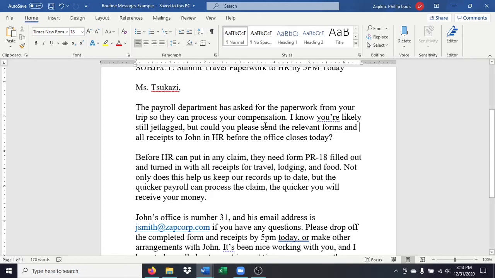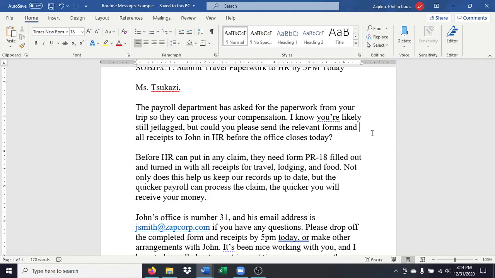So, if we take a look at this opening paragraph, it's generally polite, it's generally tactful. There's nothing in here that's critical or accusatory of the reader.